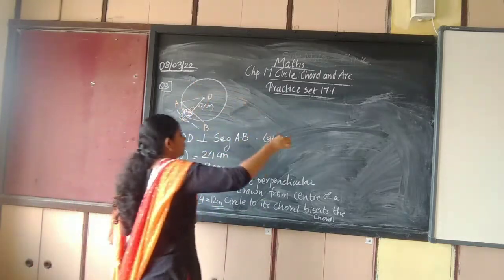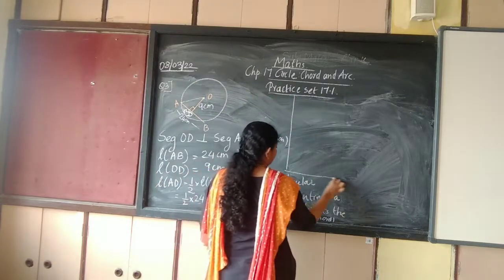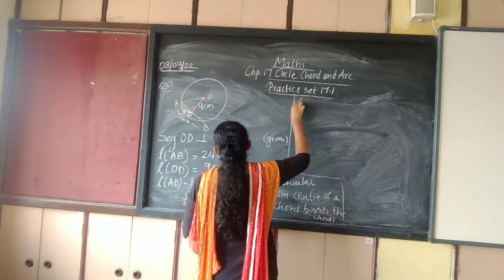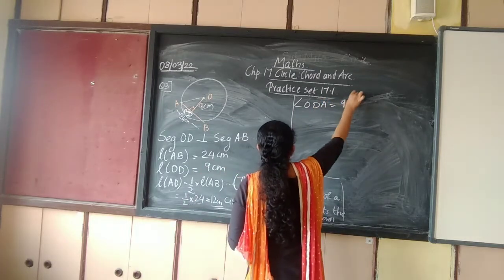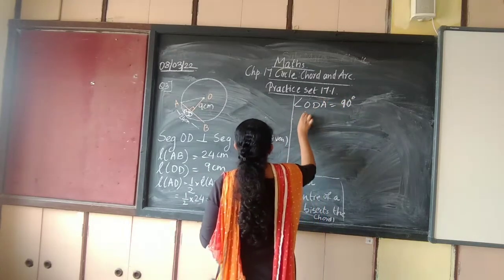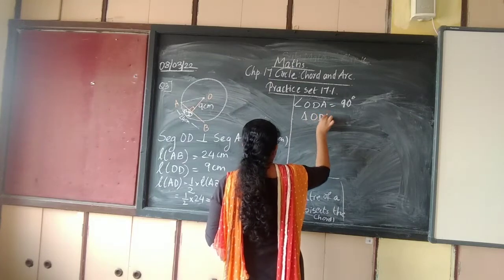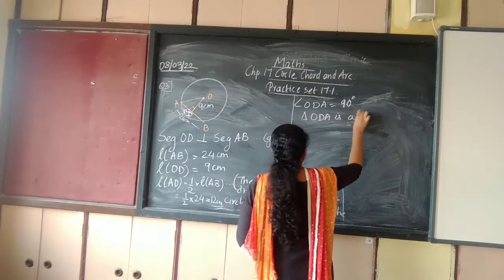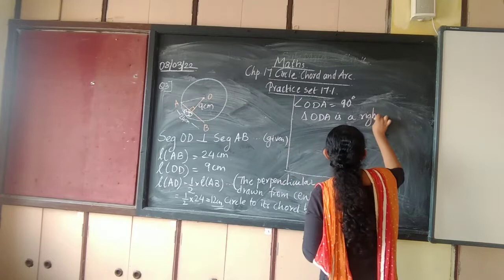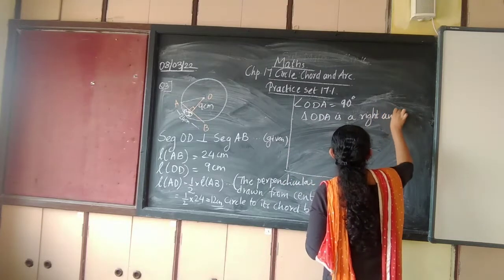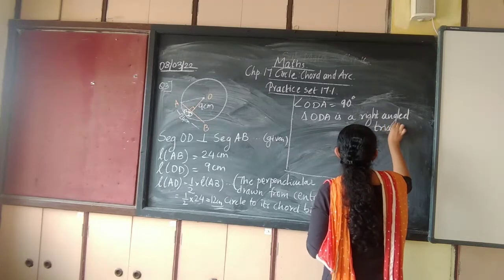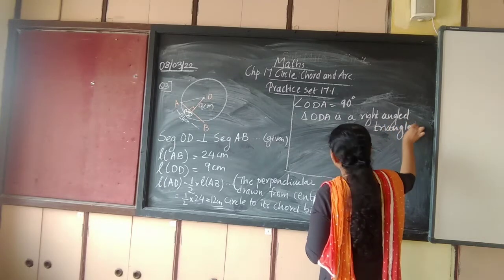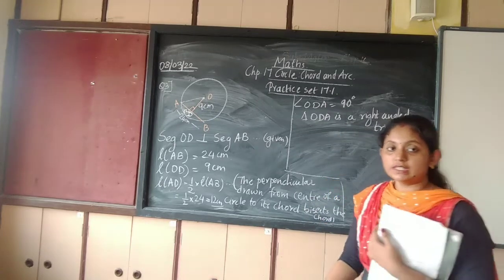Now we can find out, as it is perpendicular, we know that it is 90 degrees. So angle ODA is equal to 90 degree. Therefore, triangle ODA is a right angle triangle. So we can use Pythagoras theorem here.